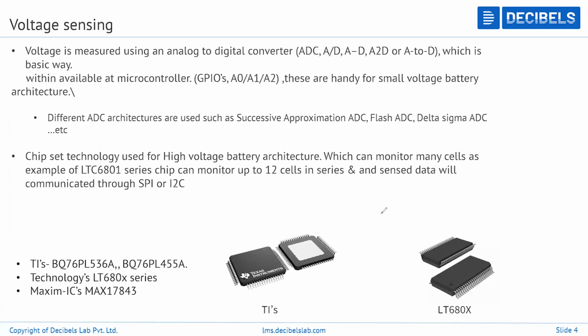I have put some examples here: under TI, the BQ series, and the LTC680x series technologies, and on the NXP side, the MC33771. These are some AFEs, analog front end. These chipsets are designed to measure the cells.